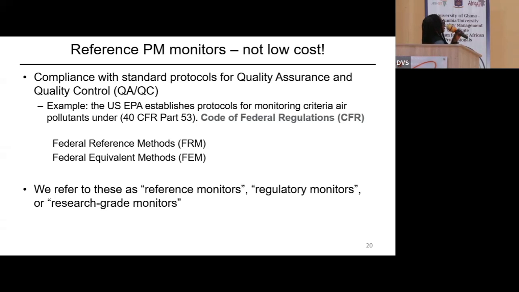So the 40 CFR, that's the Code of Federal Regulations, is one of such protocols, and it regulates the federal reference monitors. Those are the reference monitors. You can call it Federal Reference Monitor, FRM, or Federal Equivalent Monitor, or Research Grade Monitors. That's the same thing.